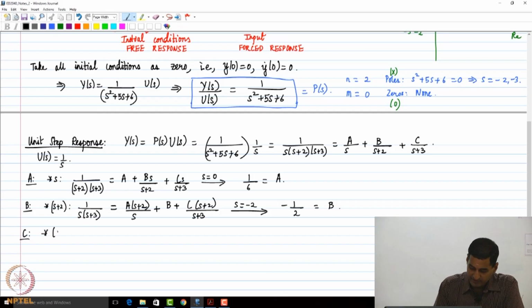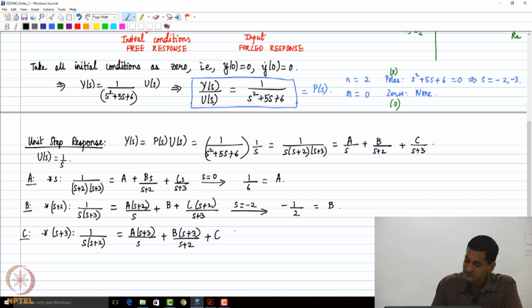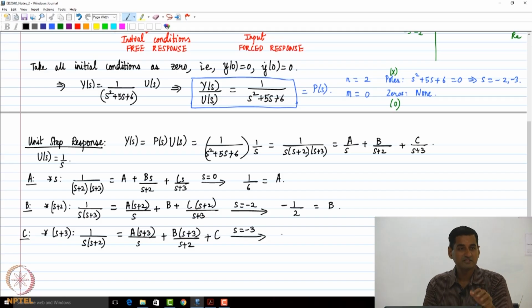And if I want to figure out C, I multiply both sides by s plus 3. So we are going to have 1 divided by s times s plus 2. That's going to be equal to A times s plus 3 by s plus B times s plus 3 divided by s plus 2 plus C. So once again we substitute s equals minus 3, which is the root of s plus 3, right? So what do we get?